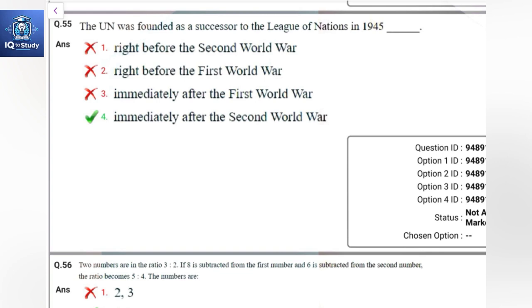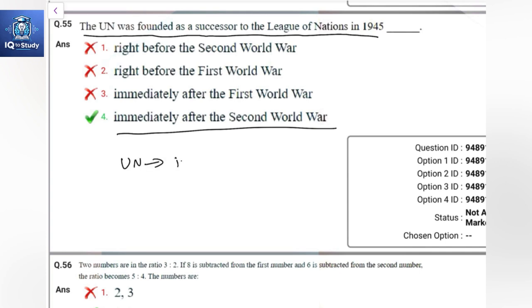The UN was founded as a successor to the League of Nations in 1945, immediately after the Second World War. The United Nations is an intergovernmental organization.